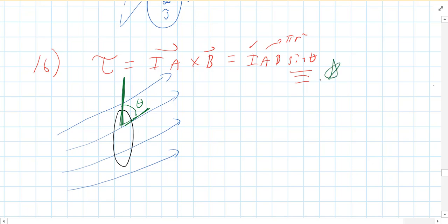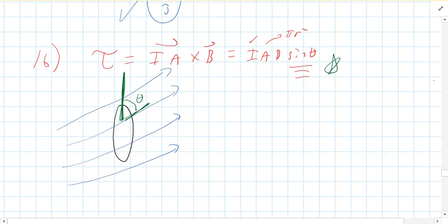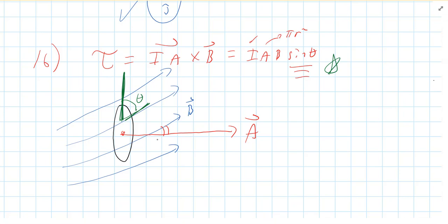Well, in this equation, the angle that we need is, I'll use red here, the angle between the area vector and the magnetic field. So the blue lines here are the magnetic field, okay? So what is this angle here between the area vector and the magnetic field? Well, it's not 50. It's the complement of that.